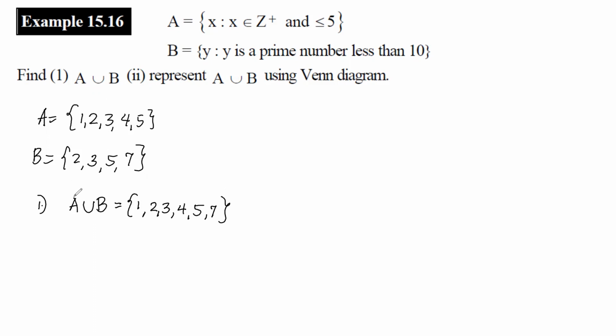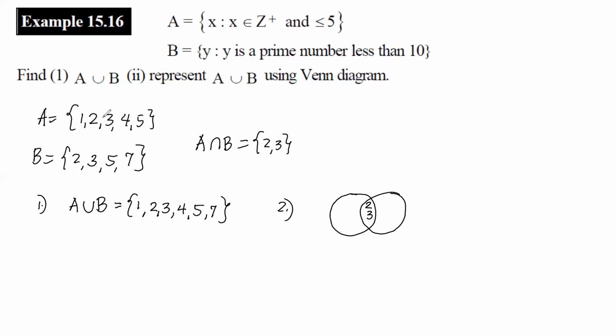Next, represent A union B using Venn diagram. So as you've noticed, the intersection of A and B, yung common sa kanila, common elements, 2 and 3. So when we represent it, Venn diagram, may intersection. And the elements 2 and 3 for the intersection.